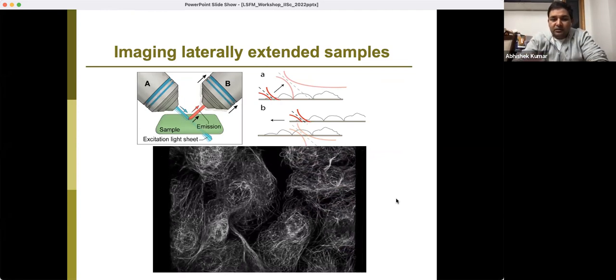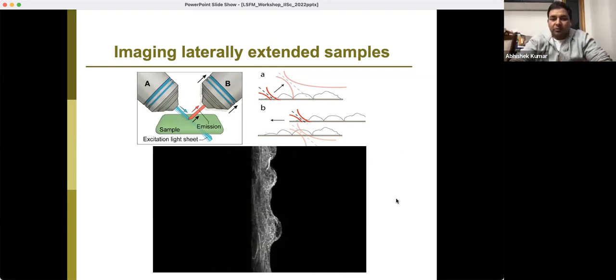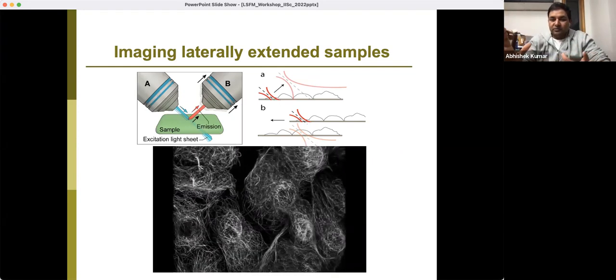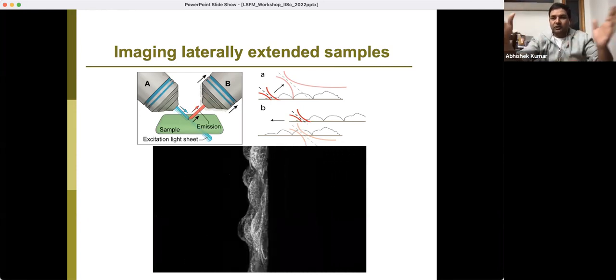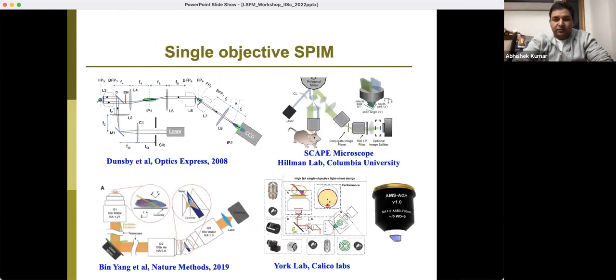Here you can see in these large and extended samples, basically you get similar image quality across this field of view. So, I told you so far everything about light sheet systems, and these systems comprise 2 lenses, but I promised you that I'll show you some examples where people have built single objective light sheet systems.